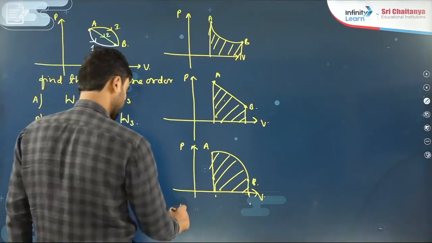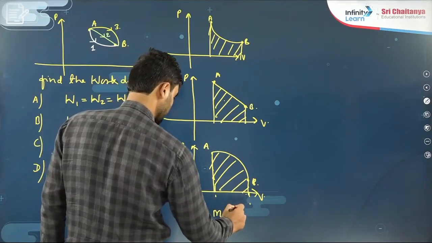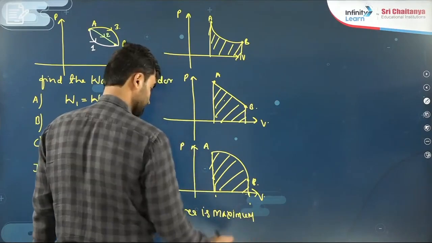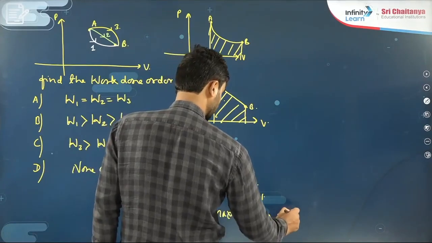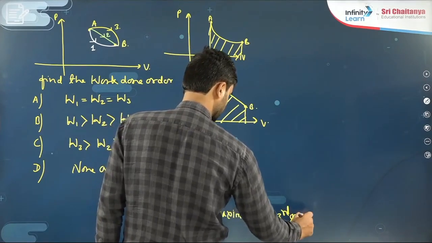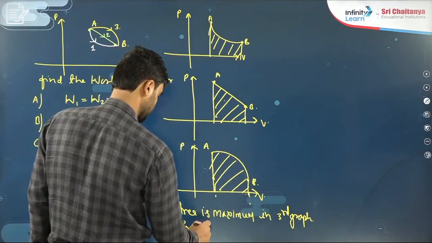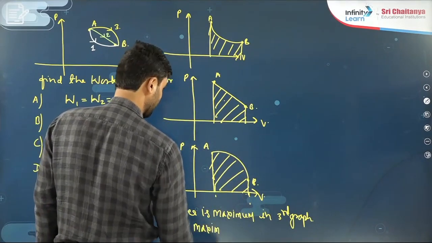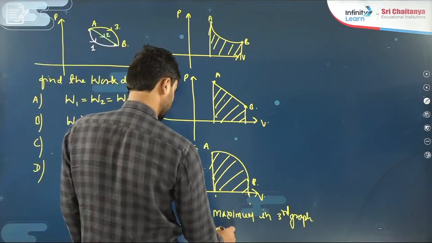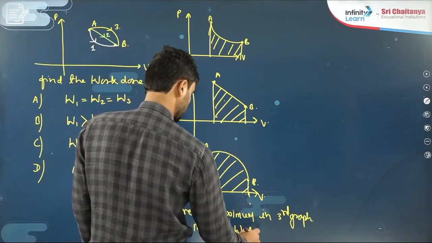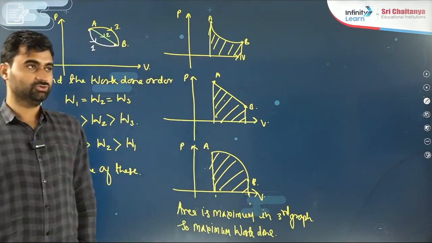So the area is maximum in the third graph, so maximum work done. Is it clear to all?